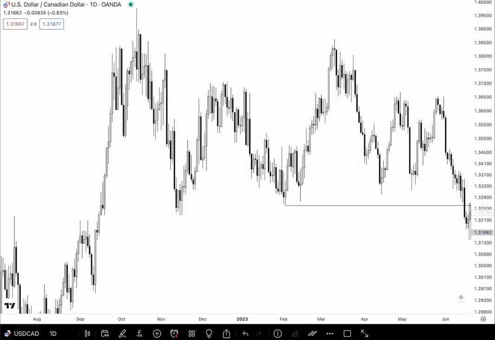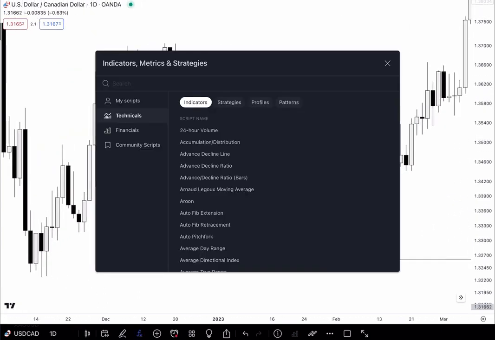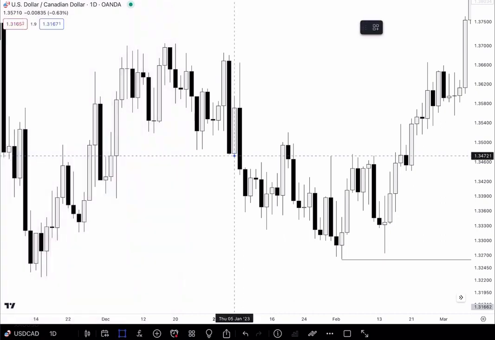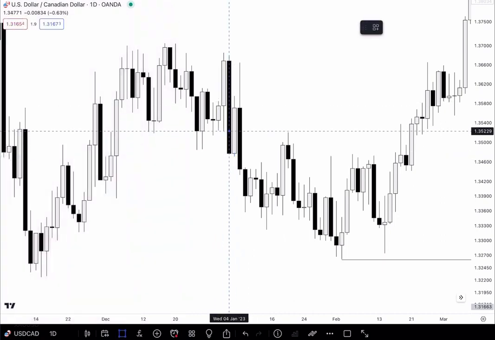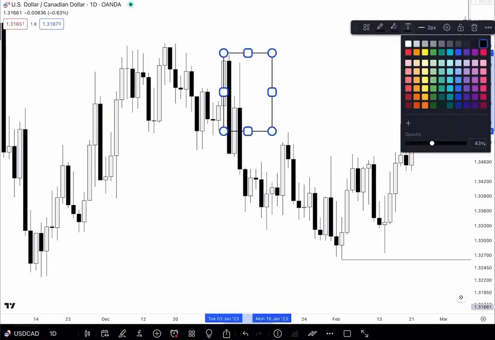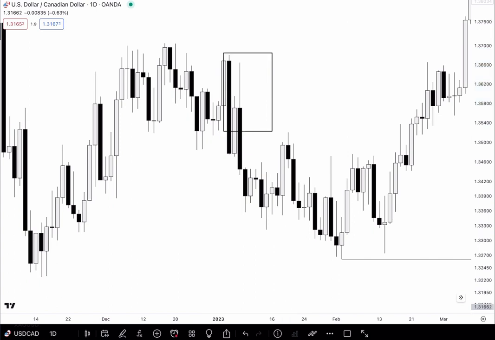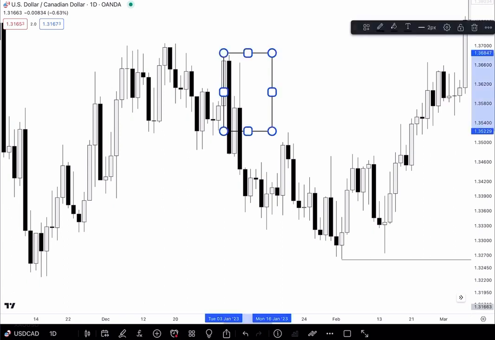This specific order block, for example, is a range. As soon as we close above or below the order block, when we close above or below a candle, it indicates continuation. When we wick, but we don't close, it indicates a reaction, either for a reversal or a retracement.